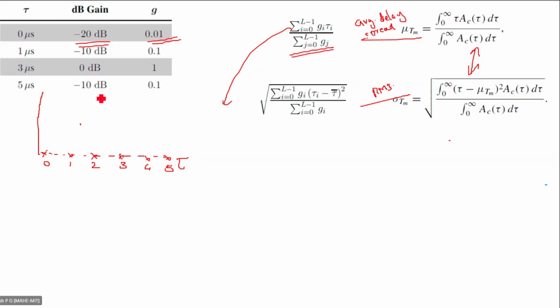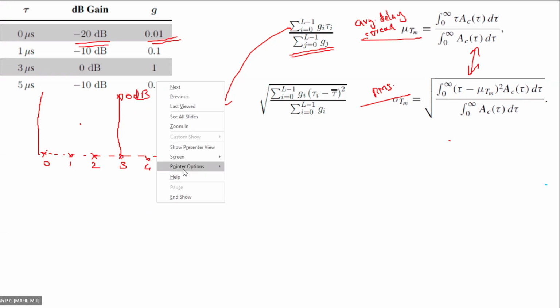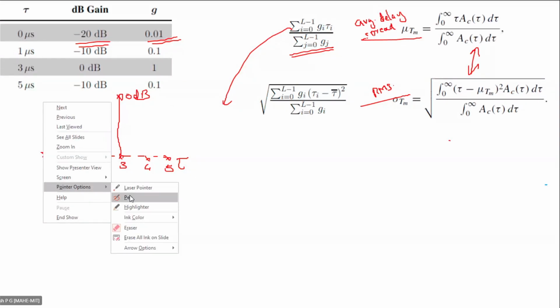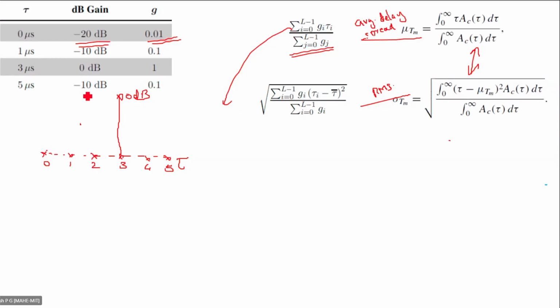Let us consider the axis here. The first one is at minus 20 dB, which is contributing the least, and this is the 0 dB, which is contributing the maximum. So I'll draw 0 dB here. Which is next?